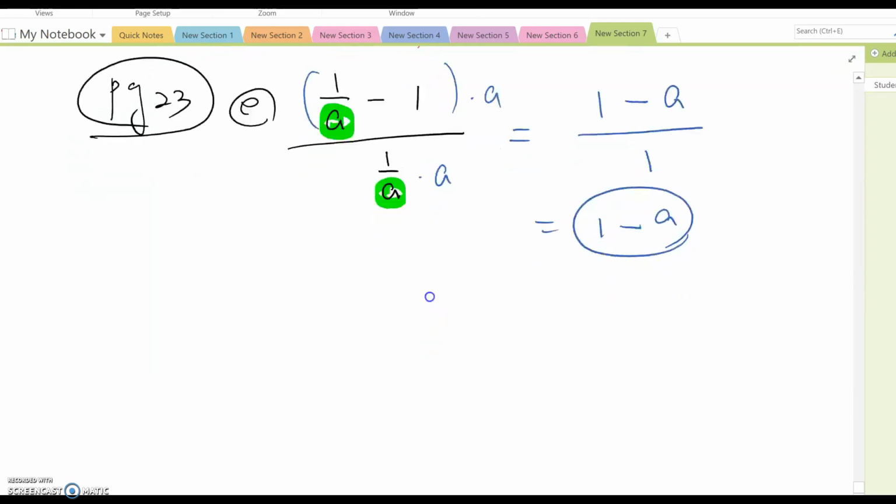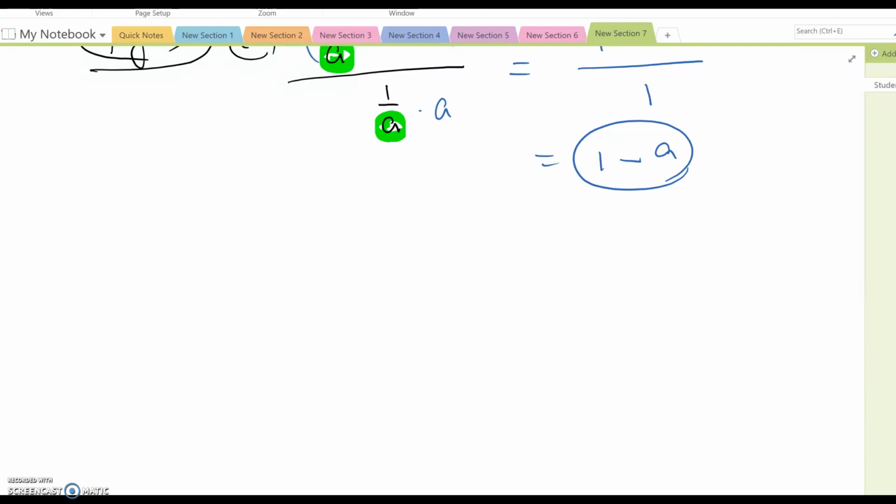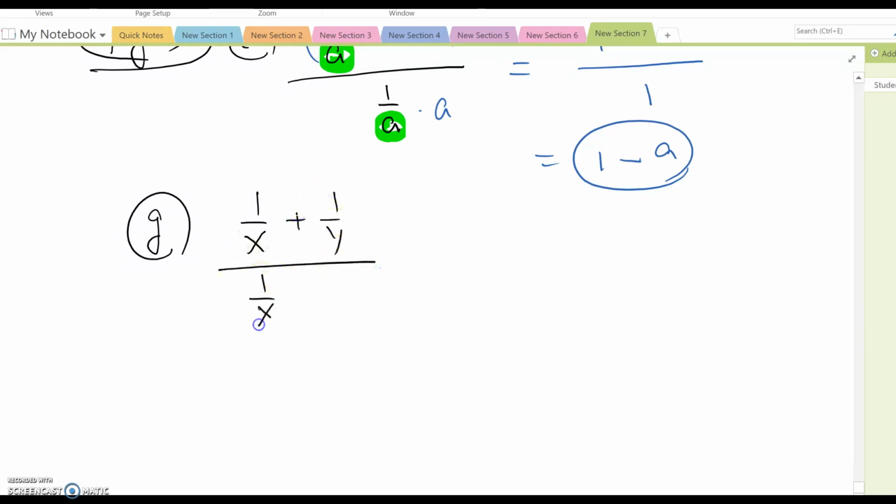So now, letter G, which is 1 over x plus 1 over y, over 1 over x minus 1 over y. What are the denominators in the numerator and denominator? And can you find the LCD for all 4 different denominators? If you found x times y, then that is correct.